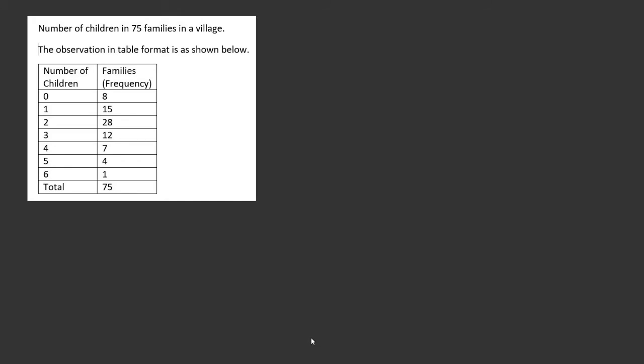Let us go back to the question of number of children in 75 families in a village. The observation in table format is as shown here. We are going to plot this data into a bar chart. Here we are going to take number of children in x-axis and families in y-axis.